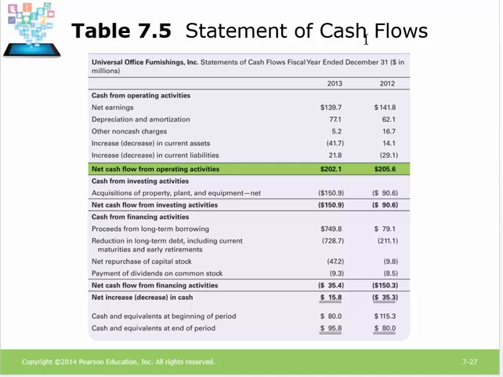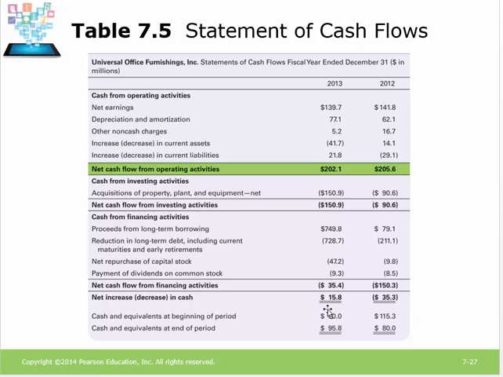So that means they have a little less cash coming in, more cash going out here, but less cash going out here. So what is the net effect? Well, last year, they actually had a net decrease in cash of $35 million. They spent more money than had come in last year, obviously from savings.